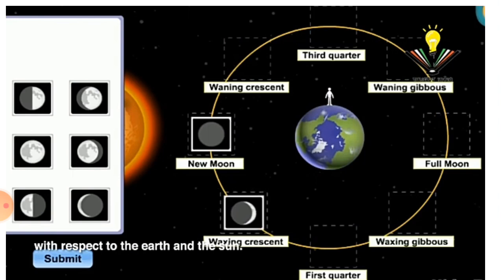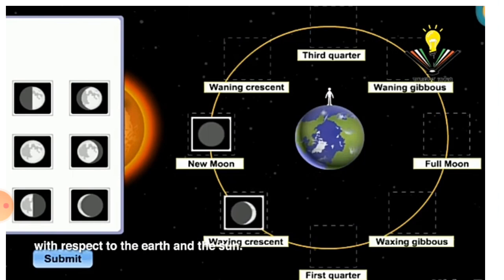The first quarter means quarter day, period of waxing moon, then waning gibbous, full moon, waxing gibbous, first quarter, waxing crescent, new moon, waning crescent.